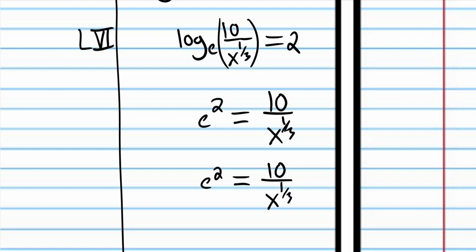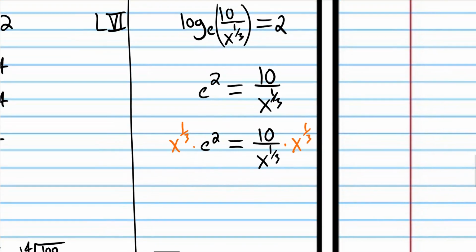And there's a lot of different ways to do this problem, but when it comes to educational value, when it comes to understanding what's going on here, the best thing to do is multiply both sides by x to the 1/3. So now we have e squared times x to the 1/3 is equal to 10.